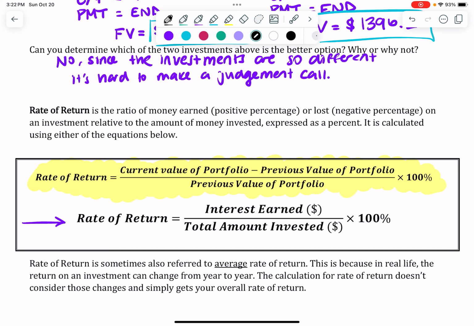Now, rate of return can be used for 1 or 7 or any amount of investments because it's not just specific to one investment at a time. You can take a look at the portfolio as a whole. So it uses language that's a little bit more broad so that it's clear to us that we can use rate of return on just a singular investment or a collection of investments.